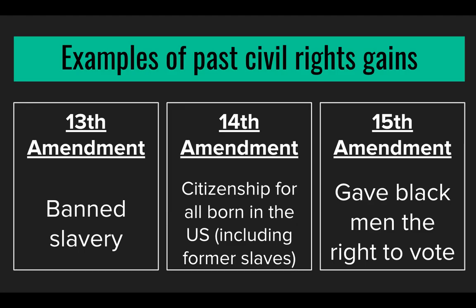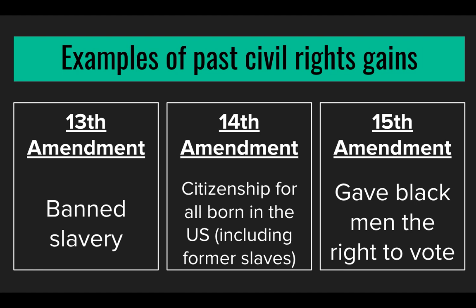And so looking at some past examples of gains in civil rights, I want to direct you to these three amendments. So we have multiple amendments to our Constitution over the years. But looking at numbers 13, 14, and 15, you're going to see some amendments that are focused on expanding civil rights.